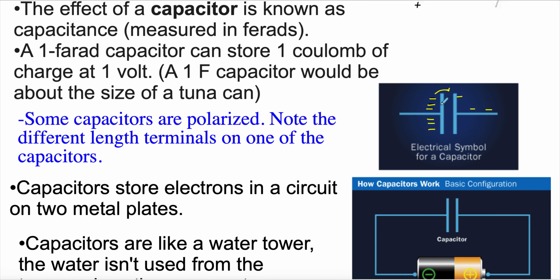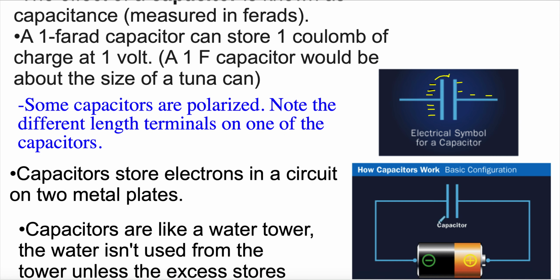It builds up on this plate. When there's enough, one bounces over, and then it keeps moving down the line. But they work as a battery. If I got rid of this battery in this circuit here, my capacitor would have some sort of power left over to charge up or to light up a light until it discharges.